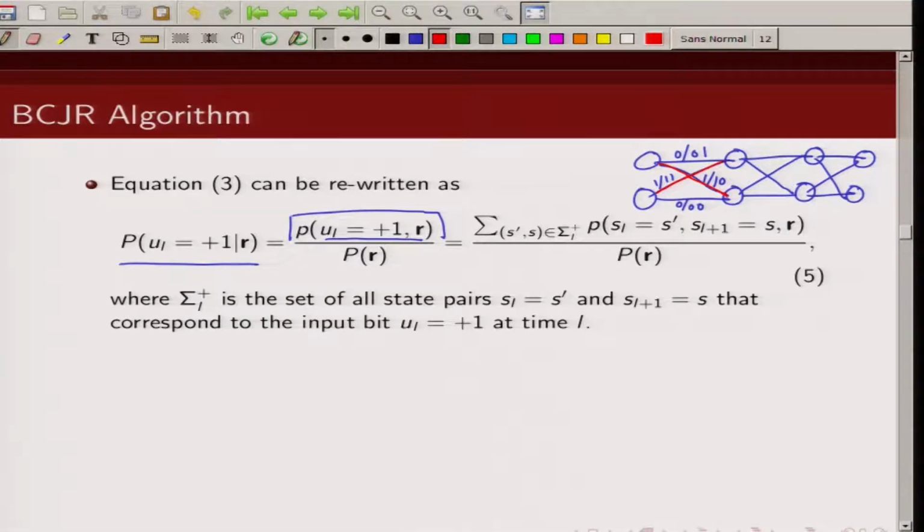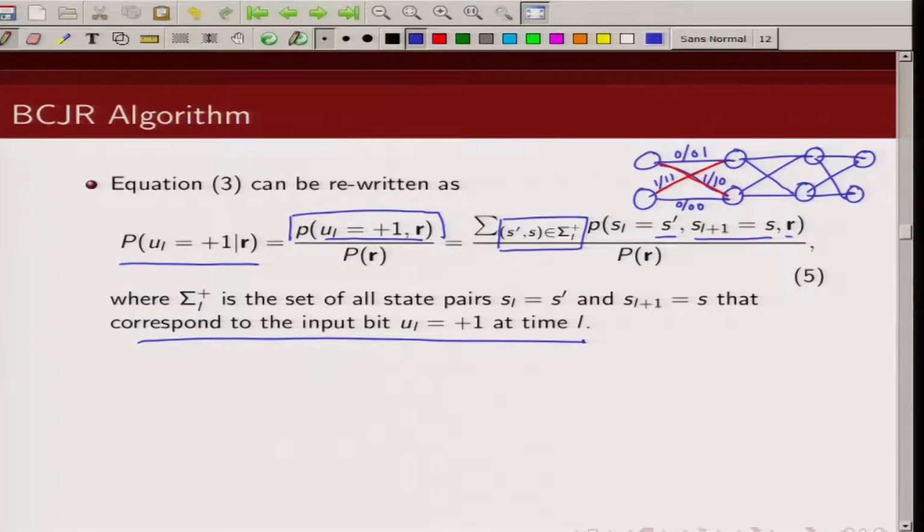Okay. So, what I am writing here is that I am interested in the joint probability that the previous state is S prime, the next state is S, and the receive sequence is R, and I am summing over all those state transitions that belong to the set where the input is +1.